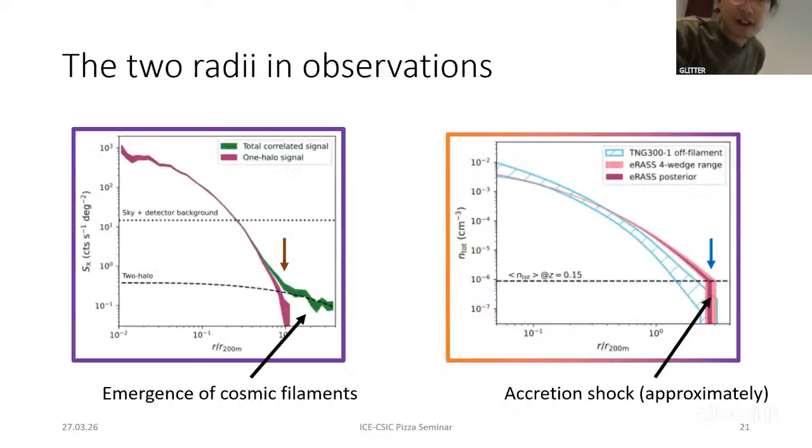And let's have a look at the two radii in our observed profiles. Now you see that at R200m, our signal is starting to be dominated by the two-halo term. It's a signature of the cosmic filament gas emitting the X-ray we detected.